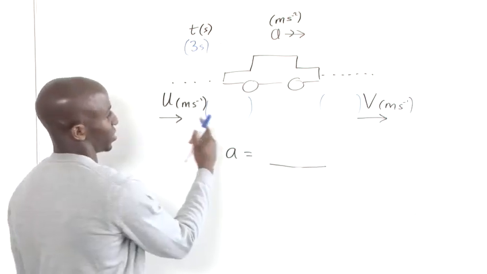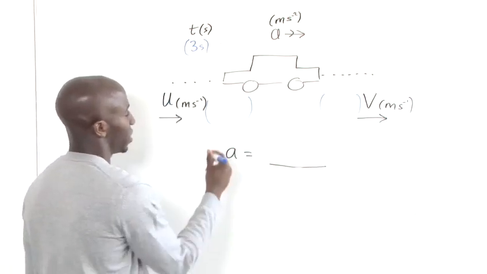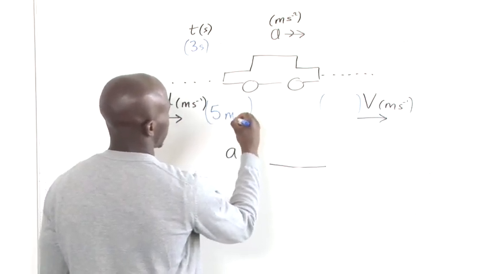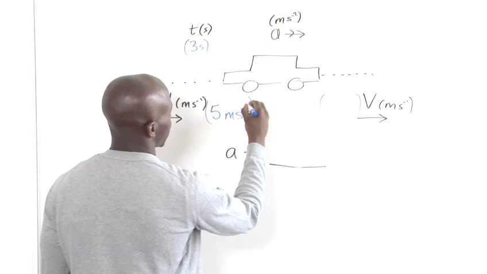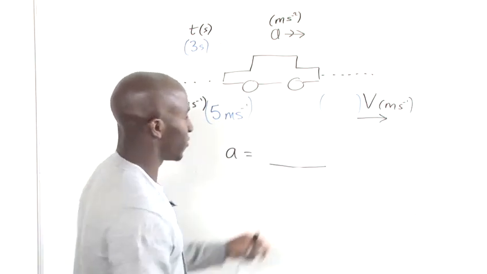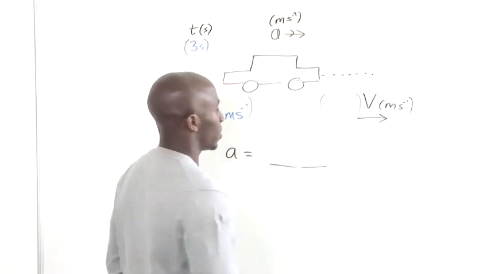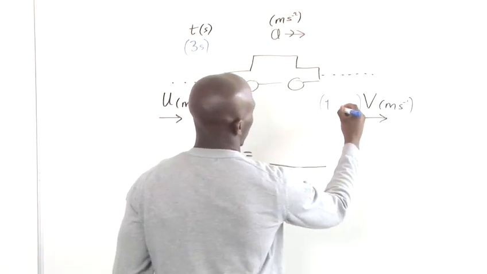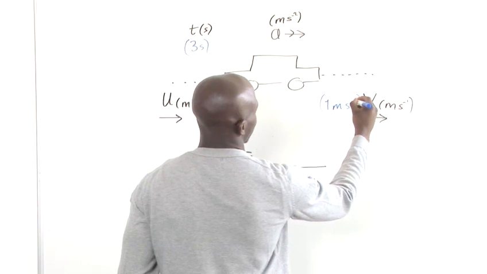Our initial velocity, which we're denoting as u, has a value of 5 meters per second. And our final velocity, which we're denoting as v, has a value of 1 meter per second.